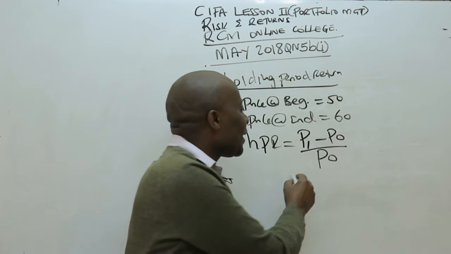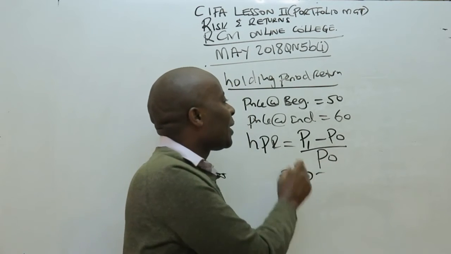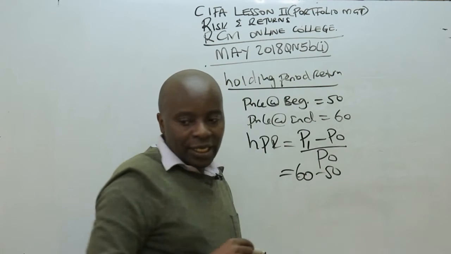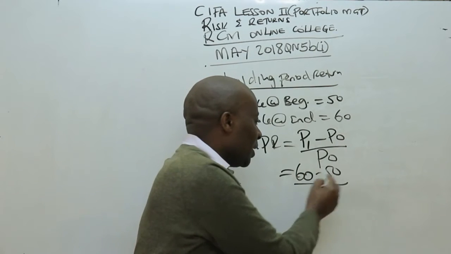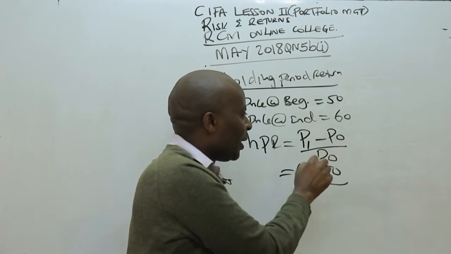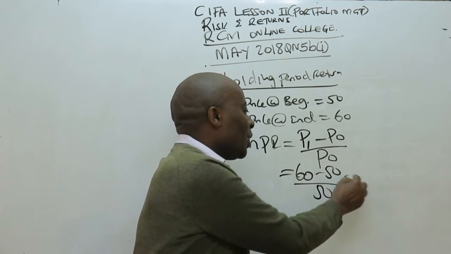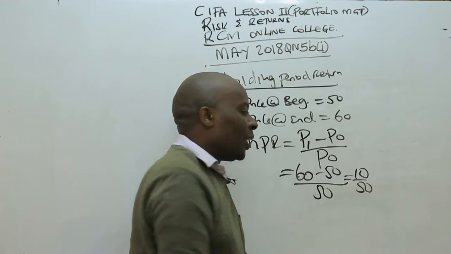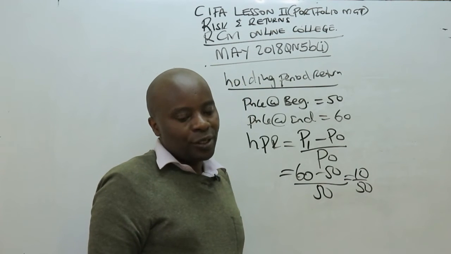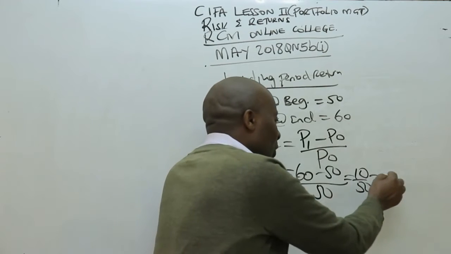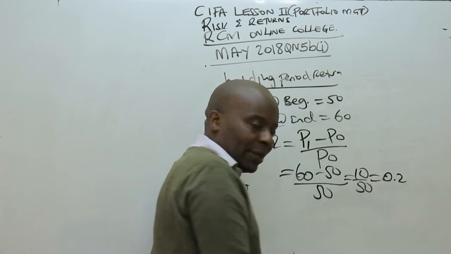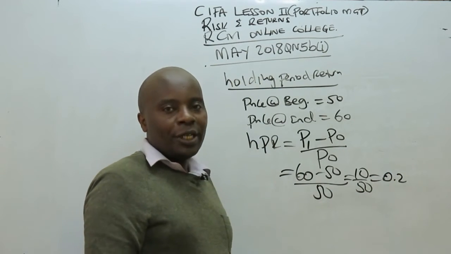So the price at the end is 60 minus the price at the beginning, which is 50. Divide these by price at the beginning, P0 today, which is 50. So then this will be the same as 10 over 50, which will be the same as 0.2. So this 0.2, ladies and gentlemen, is the same as 20% holding period return.